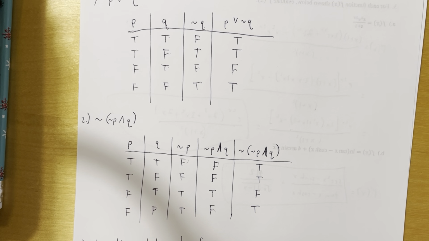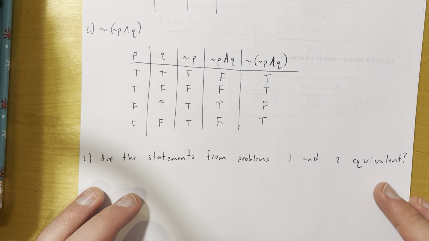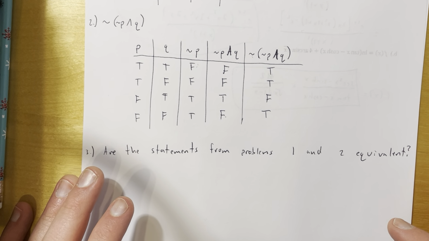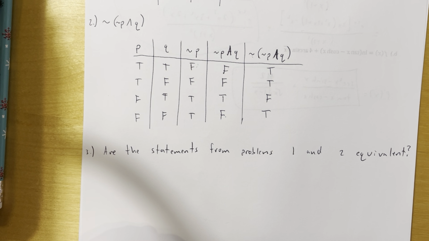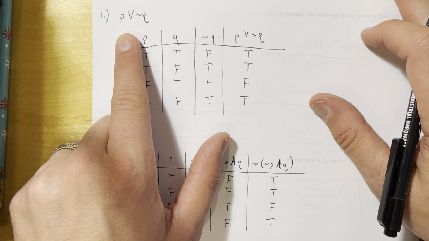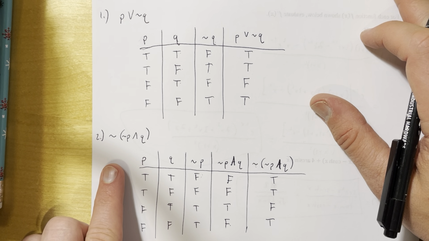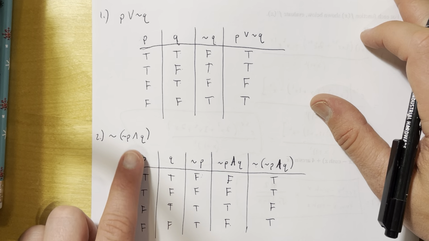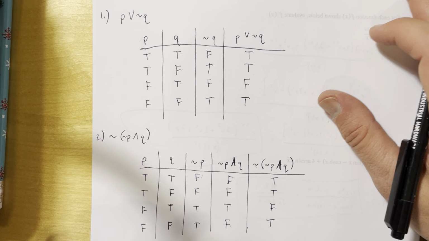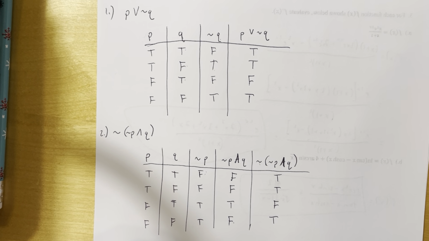Okay? All right. As a final question, we're asked whether the statements from the previous two problems are equivalent. So is the statement P or not Q equivalent to not, and then in parentheses, not P and Q? The truth tables reveal whether they're equivalent or not.